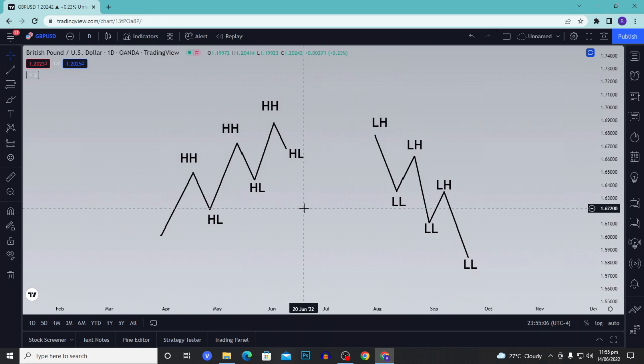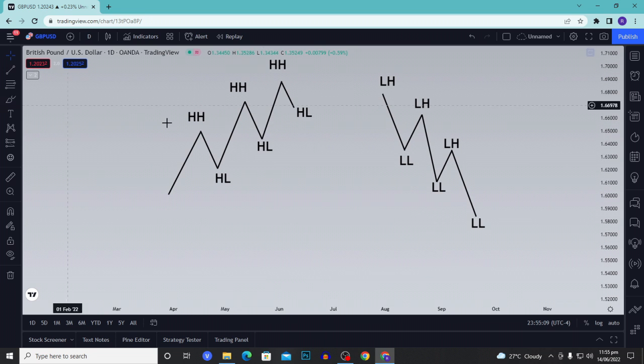And just to clear up any confusion, HH stands for higher highs, HL stands for higher lows, LH stands for lower highs, and LL stands for lower lows.